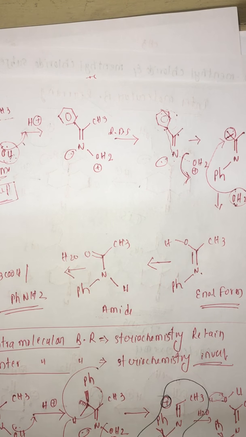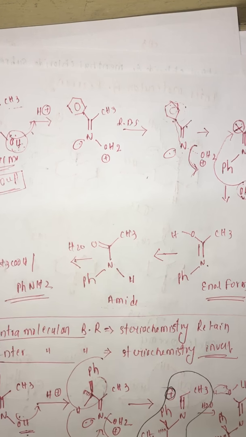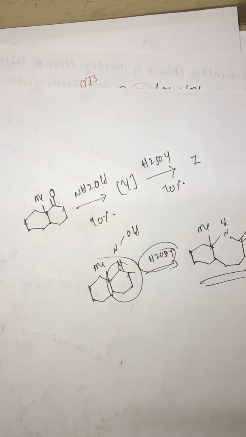In case of intra, the stereochemistry will get retained. In case of inter, the stereochemistry gets inverted. And cyclic oximes are also very important. In case of cyclic oximes, ring expansion will take place. So this is about the Beckmann's rearrangement. Thank you.